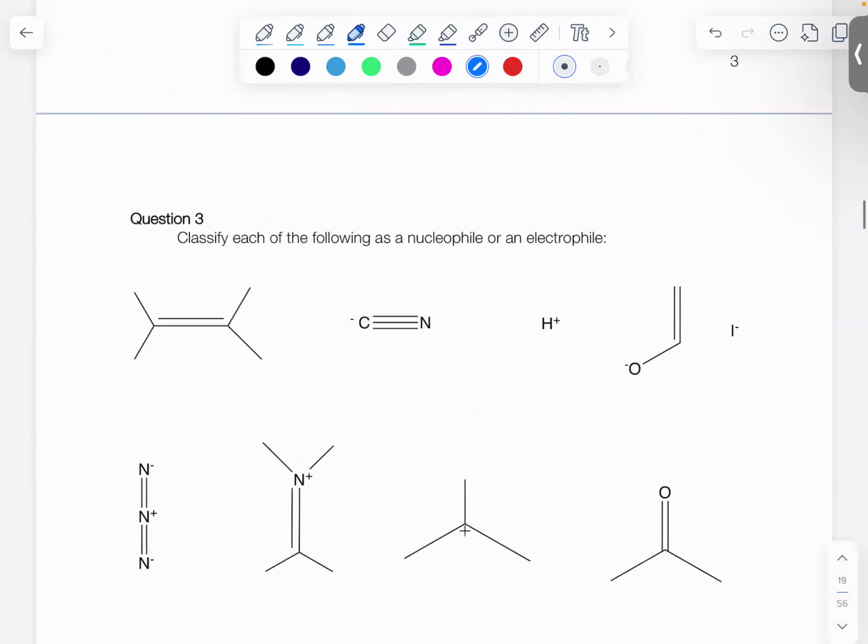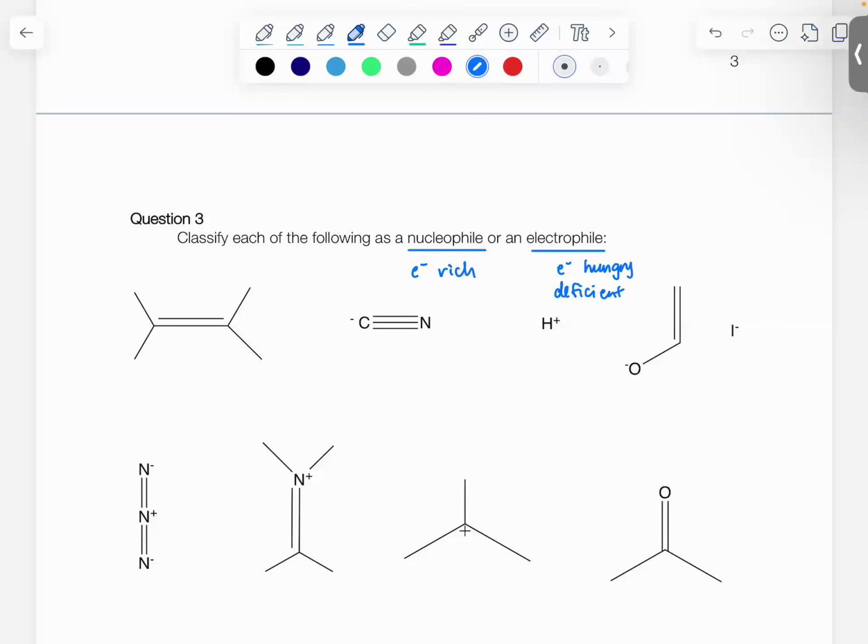So next we are classifying the following as electrophiles or nucleophiles. And our electrophiles are electron hungry or deficient, whereas our nucleophiles have plenty of electrons and are called electron rich.